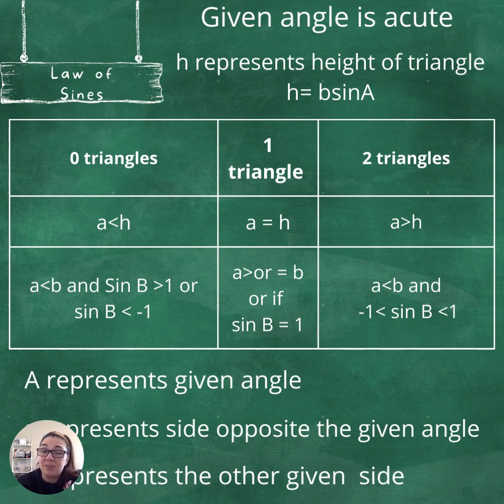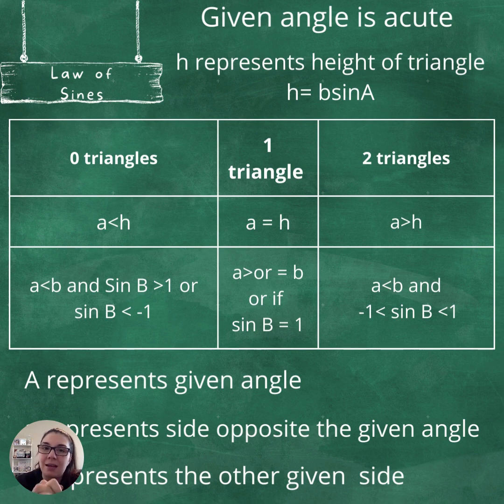Capital A represents the given angle, lowercase a represents the side opposite of that angle, and lowercase b represents the other given side, the side that's not opposite of that angle. Sometimes people forget that there's a relationship with a and h, but if you remember that, you'd want to follow this.